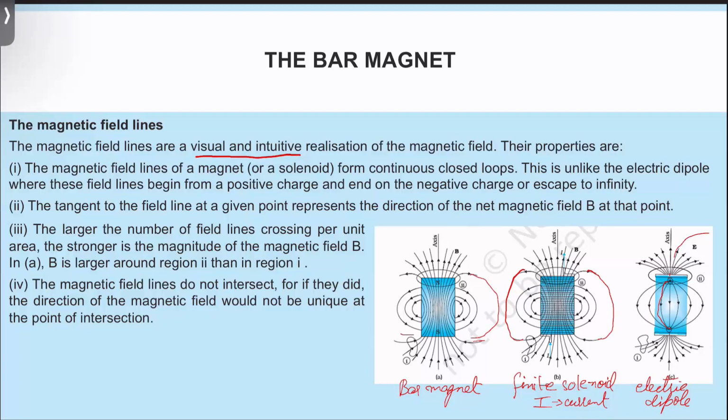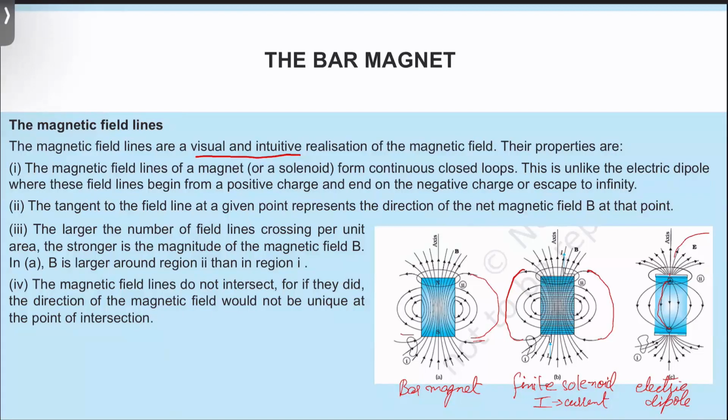Not loops per se, but you can have field lines which do not meet and do not complete the entire loop. They can go to infinity also, because they start from the positive charge and go to the negative charge.